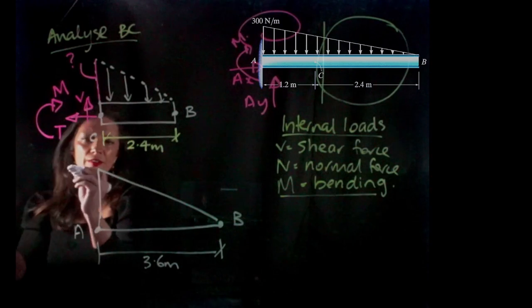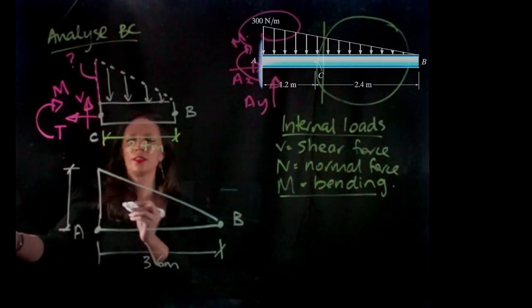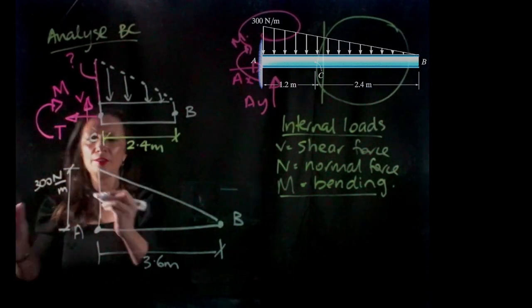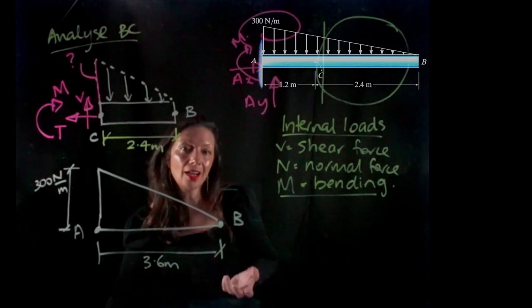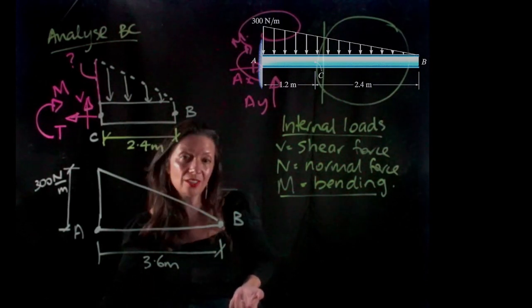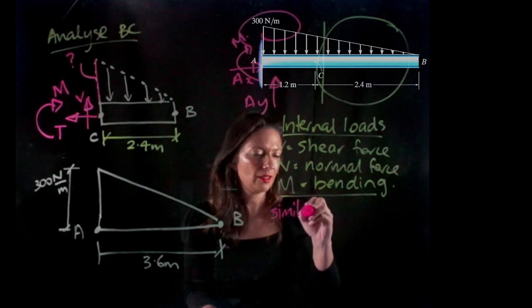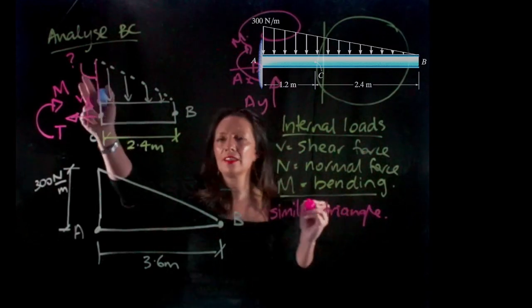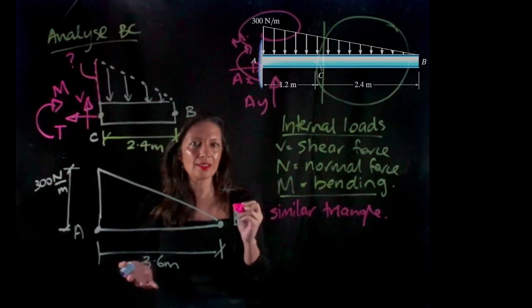And I know that this height here is 300 newtons on the metre. So I can do similar triangles to calculate the height of this, because I know that the angles are the same.